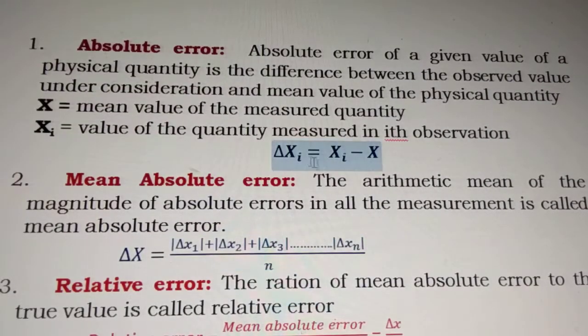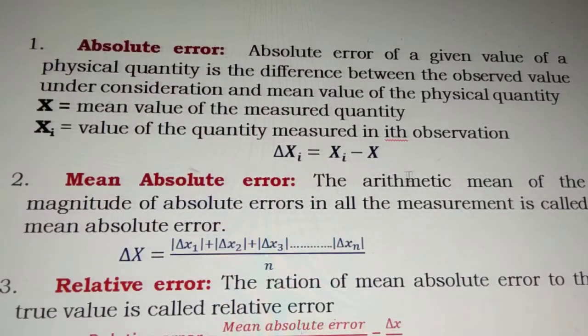So this is termed as absolute error. Mean absolute error means take delta x1, delta x2, delta x3, delta x4 up to delta xn. So this is nothing but an arithmetic mean. If I had done the experiment 5 times, 6 times, or only 3 times, divide by the 3 or 4 or nth times, then you will get the mean absolute error.